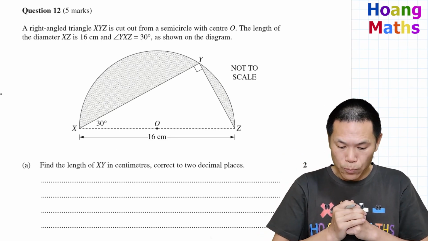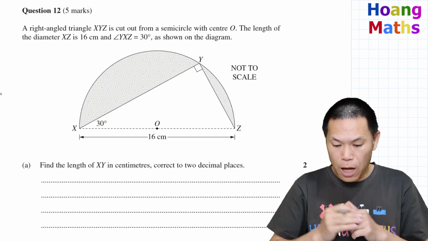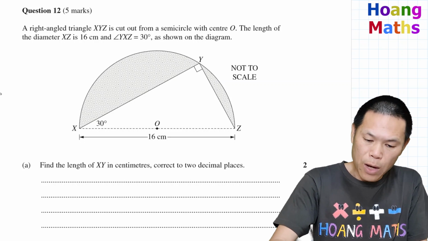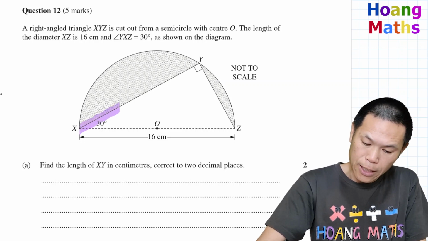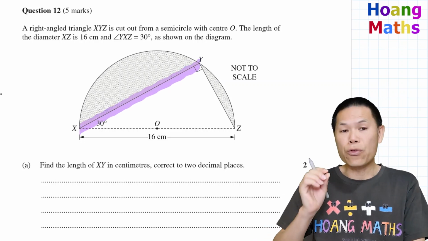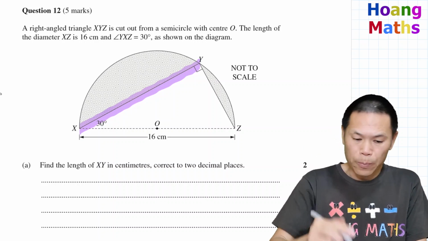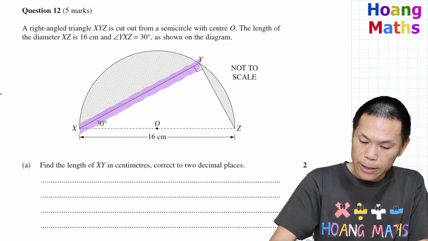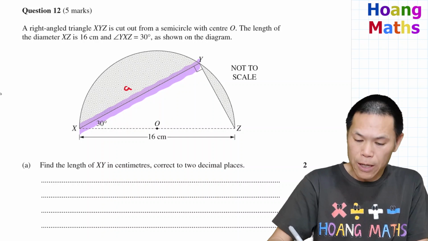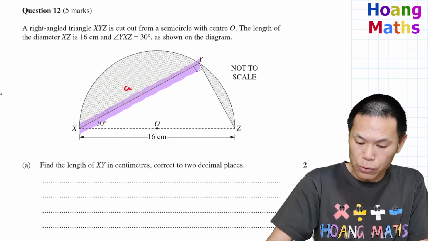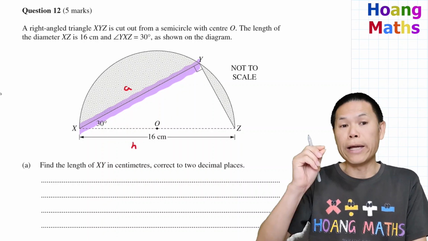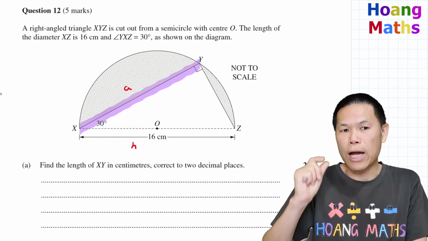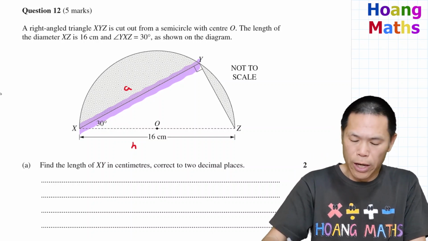Question 22. We need to find the length of XY. So XY is this length here. And we know that it is a right angle triangle. We have the adjacent, which is what we're after, and then we have the hypotenuse, because it's the longer side. So it's CAH, cos, because it's a right angle triangle.